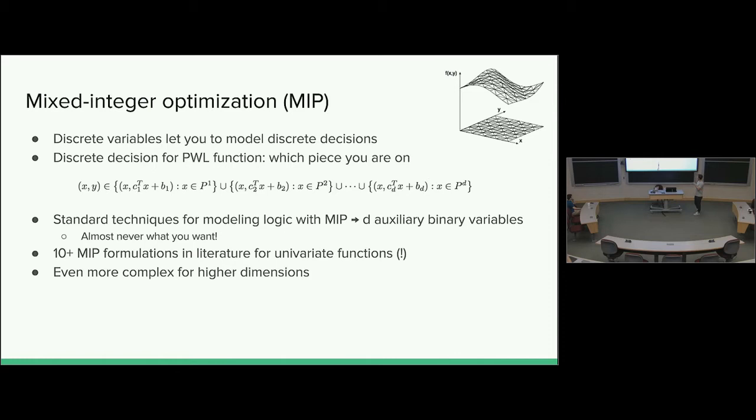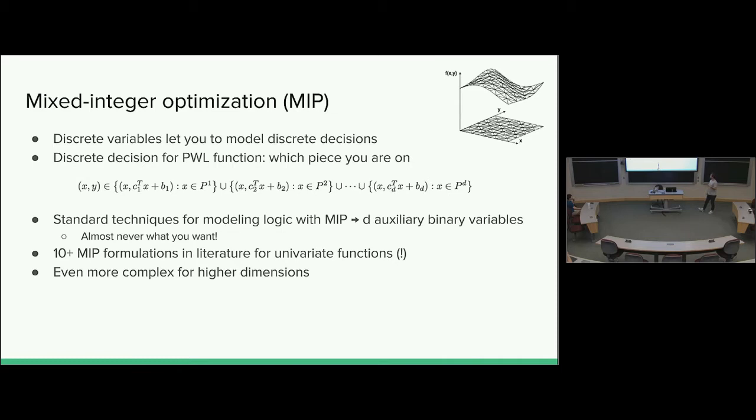The second set corresponds to the second piece, and so on. This is a logical way of expressing this piecewise-linear function in our optimization problem. And there are standard techniques for modeling this type of logic, this type of disjunctive constraint, using MIP.